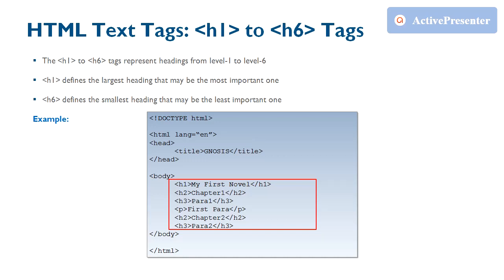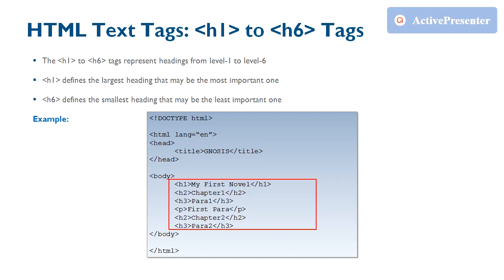For example, you are creating your first online novel, and this novel has several chapters and several paragraphs, right? So you want the heading or the name of the novel to appear in the biggest font, and then you want a smaller font which displays the chapter. For example, here in the code, the name of the novel is the H1 tag, my first novel. So this is the largest font.